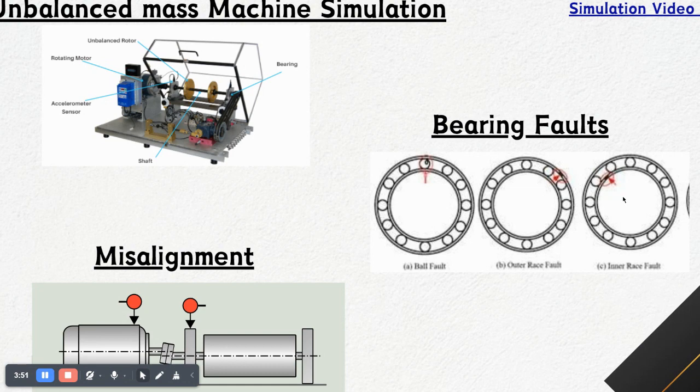So these three faults we have included in our system. After hitting on the problem statement, we had a picture in our mind that we would cover this kind of fault. But we searched on the internet, on Google and Kaggle, and we couldn't find the data set which we needed. So we created our own data set.